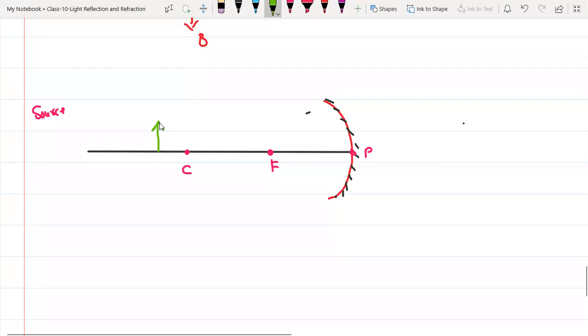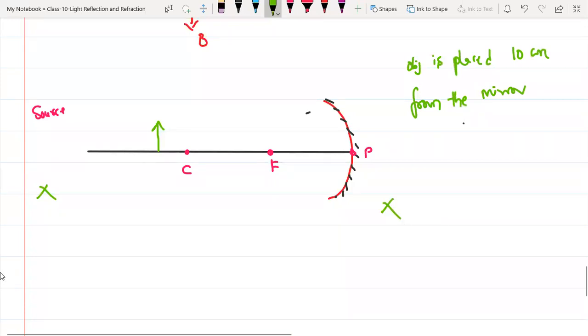Now, the object is kept on the principal axis and they will tell: the object is placed 10 centimeter from the mirror. Please understand this line. Guys, if you want to place the object 10 centimeter from the mirror, will you calculate from this side or this side?